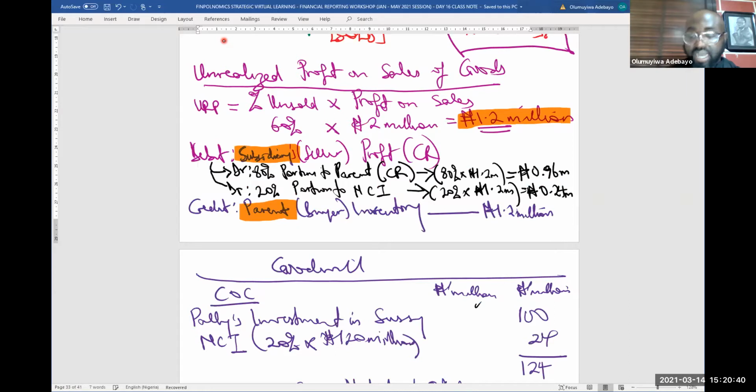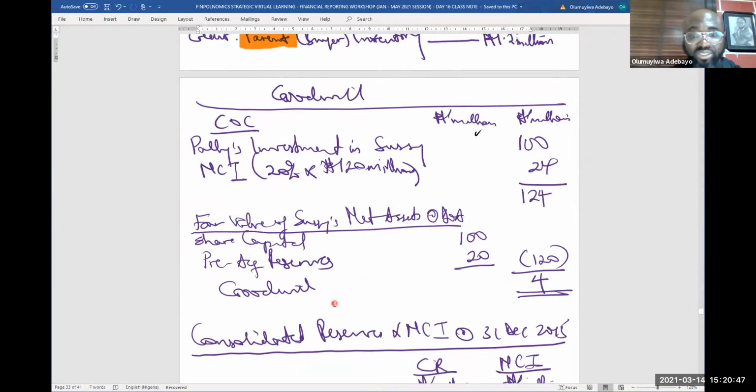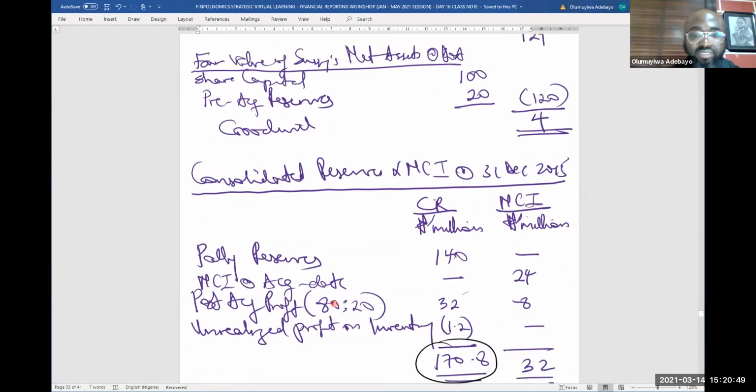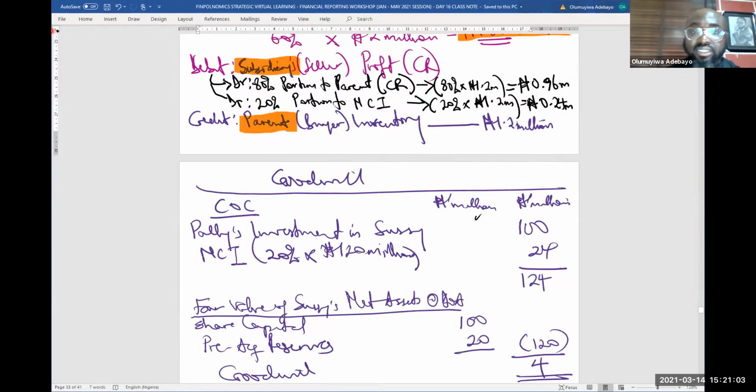Okay, now how does that affect our goodwill? It has no effect on goodwill because these are post-acquisition transactions. Therefore, goodwill remains the same. But what effect does it have on our consolidated retained earnings? It is the fact that instead of adjusting it only on the parent's, the 1.2 has been shared between the parent and the NCI.